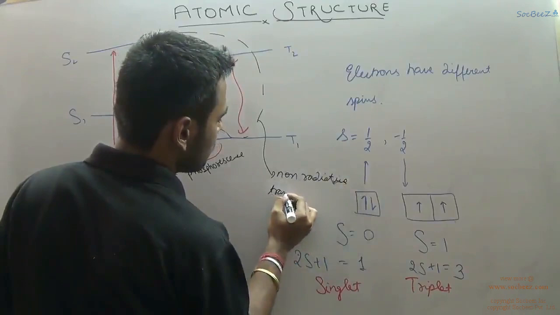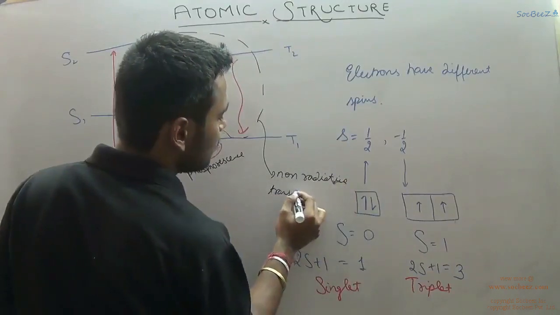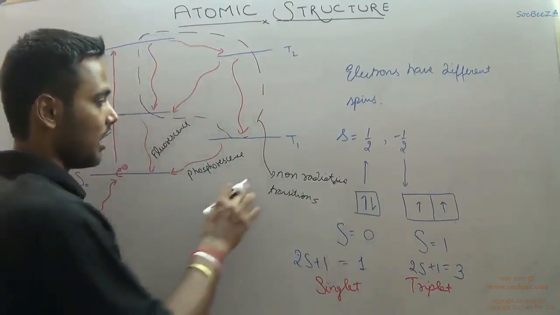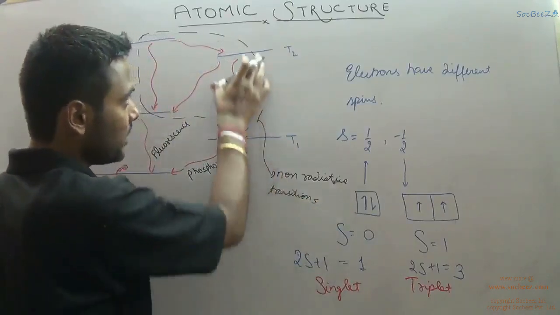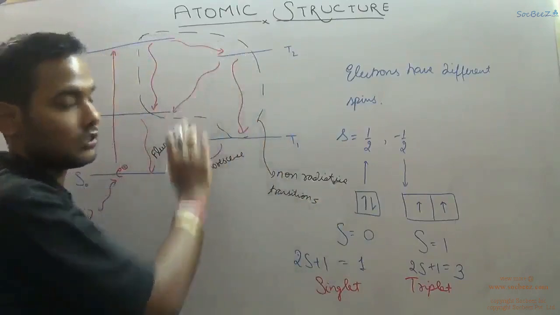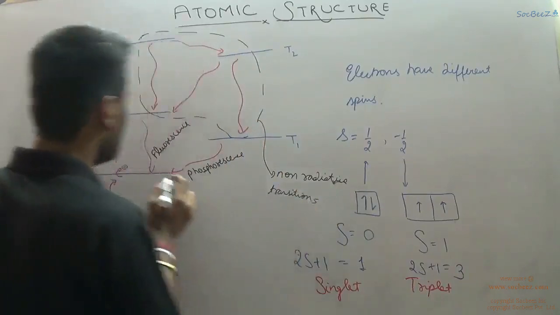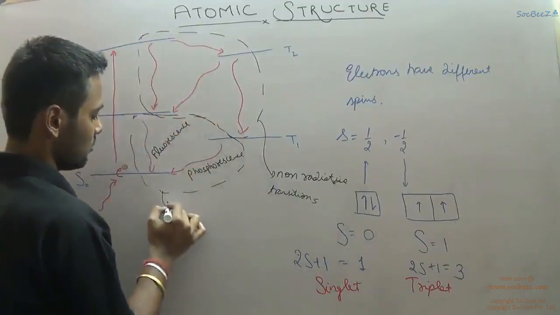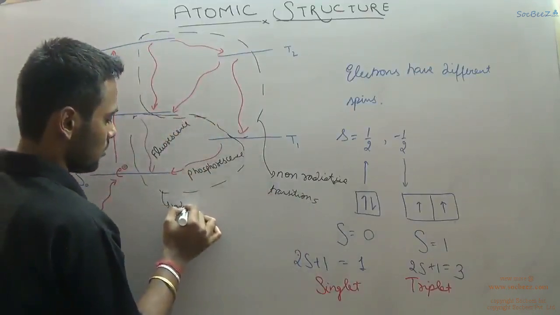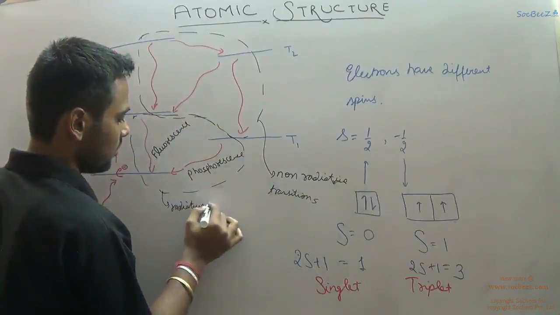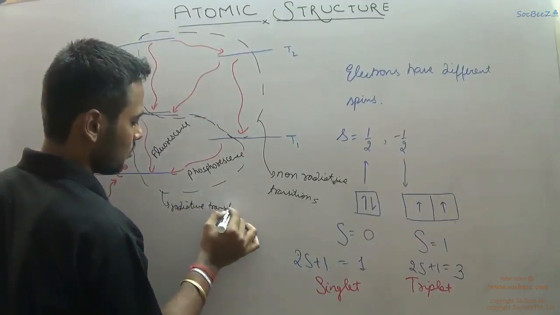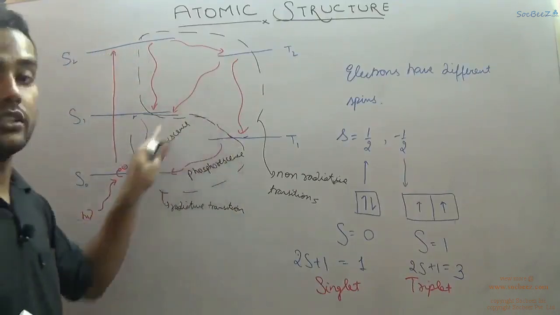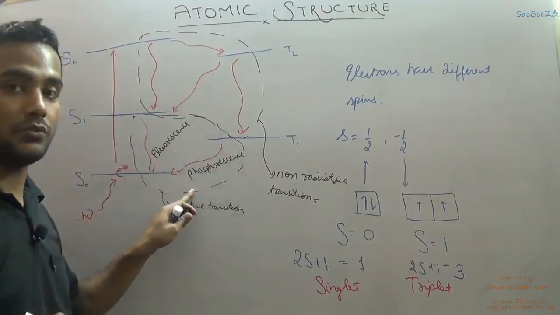By transition we mean change, so the electron is going through some change in its state throughout the process. And this is known as the radiative transition, because it radiates something which you observe.